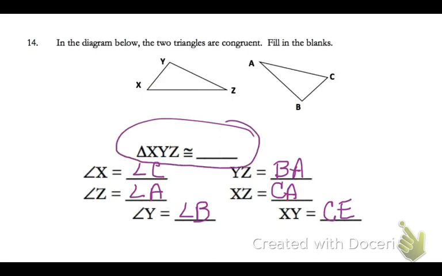And this says triangle XYZ, and I must mention the vertices in the same order. So what corresponds with X is C, it goes first. What corresponds to Y is B, that goes next, and what corresponds to Z is A. So that is the congruent statement.